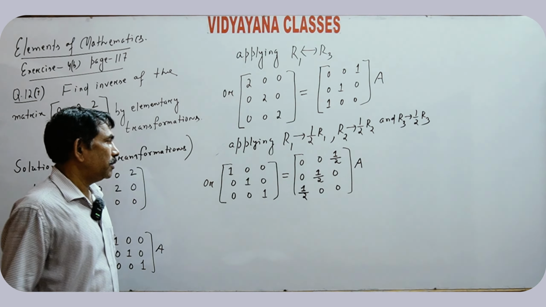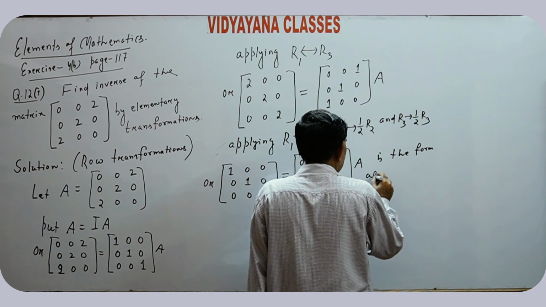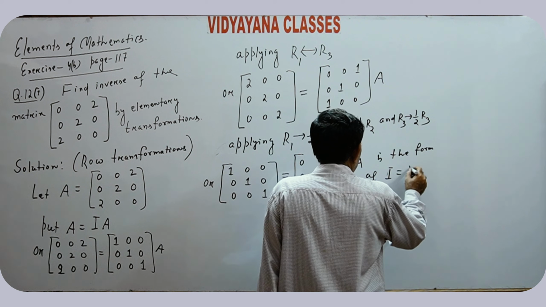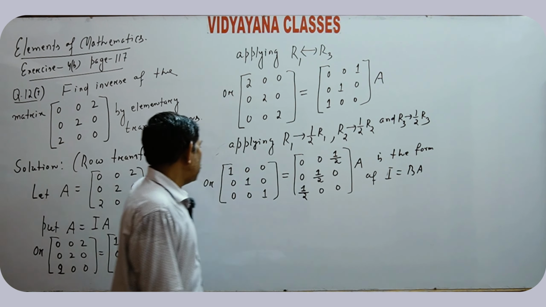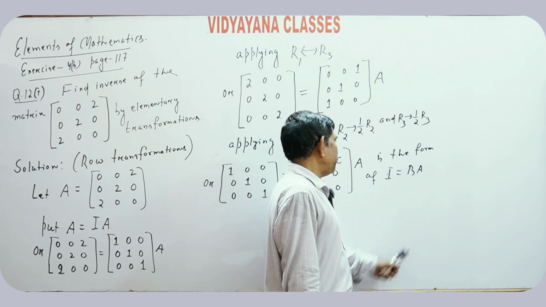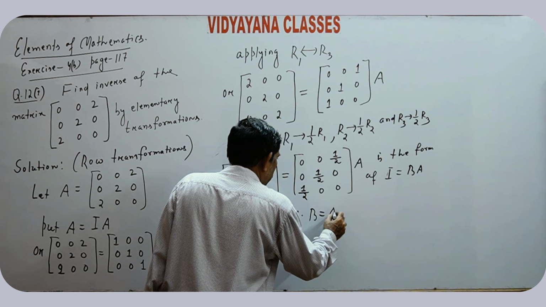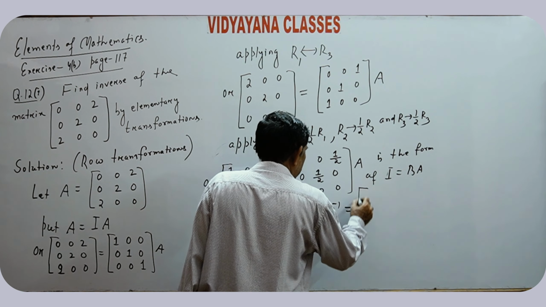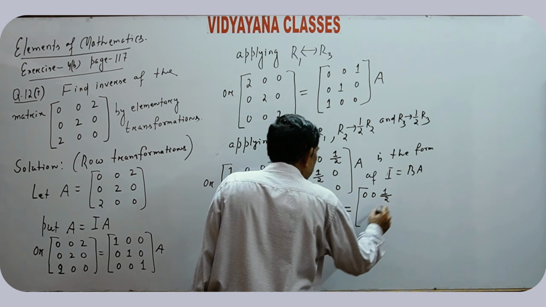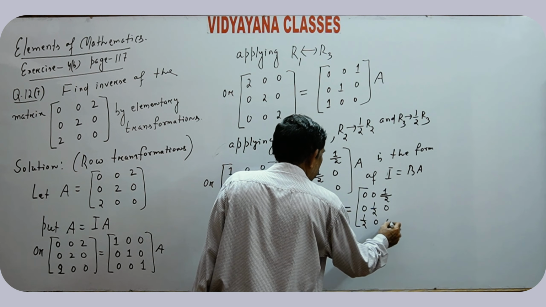Into A is the form of I is equal to BA. When A is equal to IA transforms to I is equal to BA, B is equal to the inverse of A. Therefore, B is equal to A inverse, which is the same as 0, 0, half, 0, half, 0, half, 0, 0.